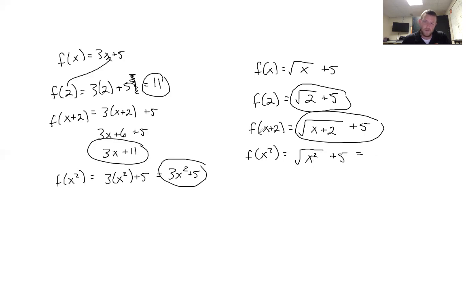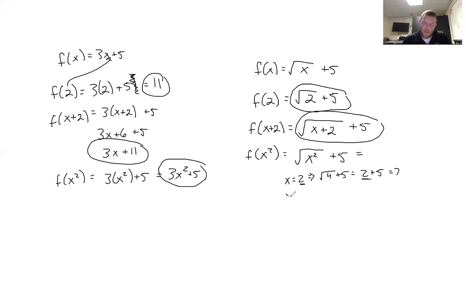So let's put in some examples. Let's say x equals 2. That would be the square root of 4 plus 5, which is equal to 2 plus 5, which is equal to 7. There's your 2, there's your 2.